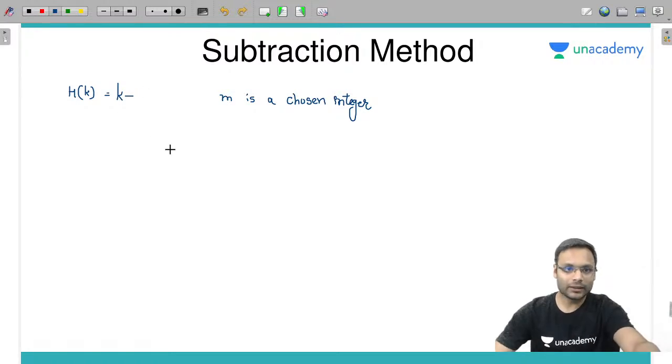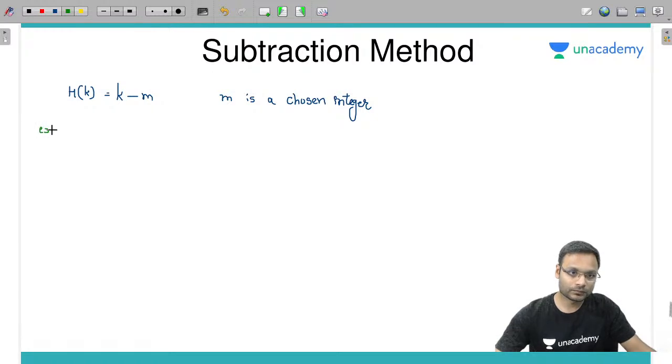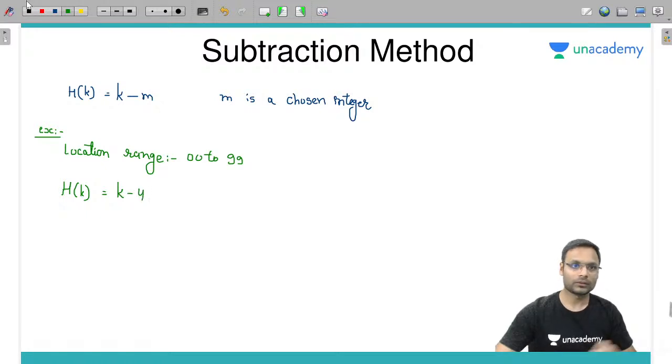Fine. Understood that? If you understood this, let's take a very, very simple example. Suppose I am having a hash table with location range 00 to 99, and hash function h of k is equal to k minus 4.